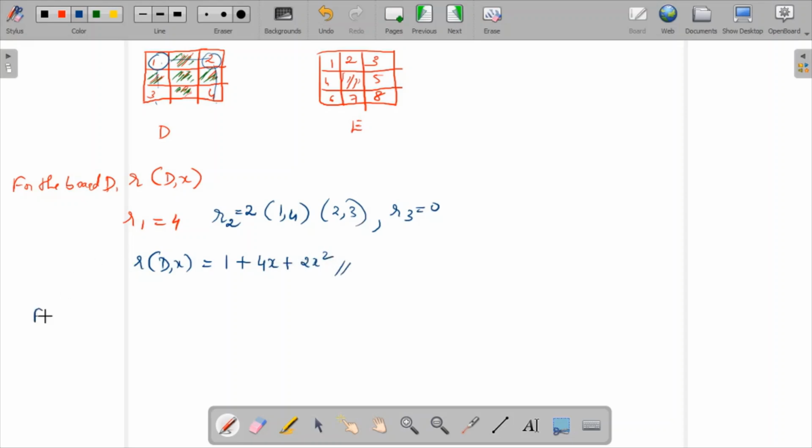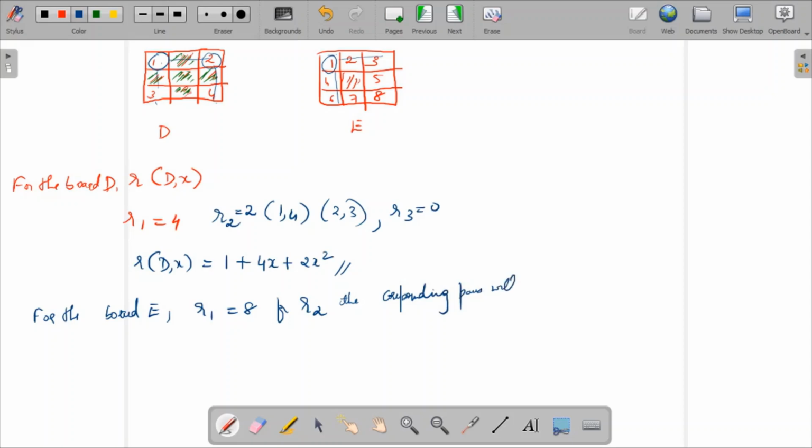For the board E, R1 is equal to 8. R2, what are the pairs? If it is 1, the corresponding pairs are 1, 5, 1, 7, 1, 8.